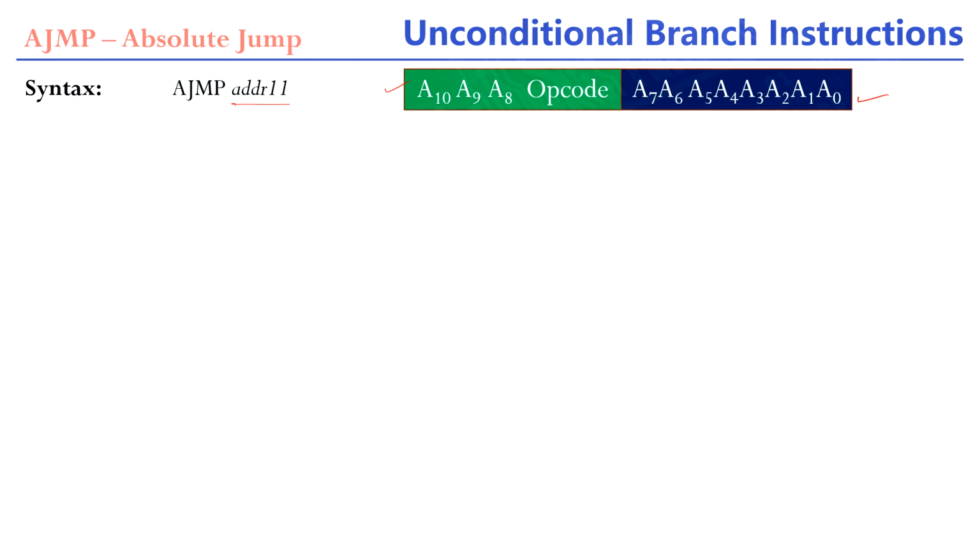In the second byte, A0 to A7 represent the 8-bit address, and A8 to A10 are the 3-bit address. In total, it is an 11-bit address. The remaining 5 bits are provided for its opcode, its operational code.